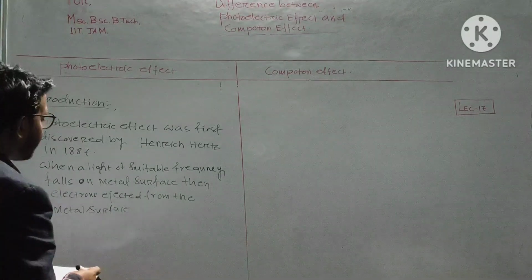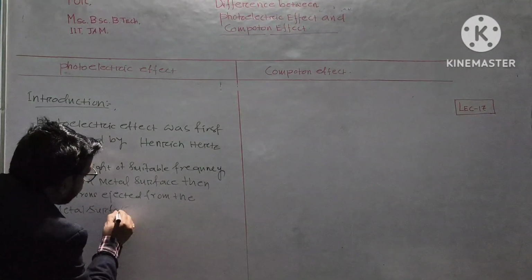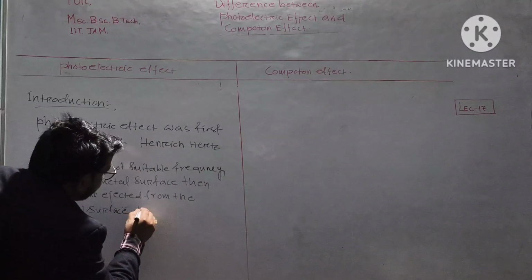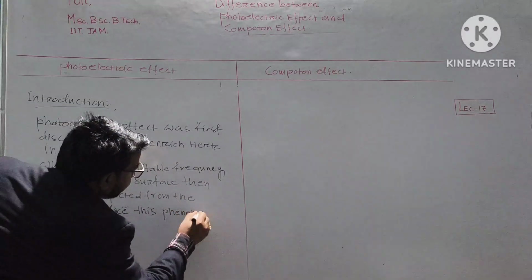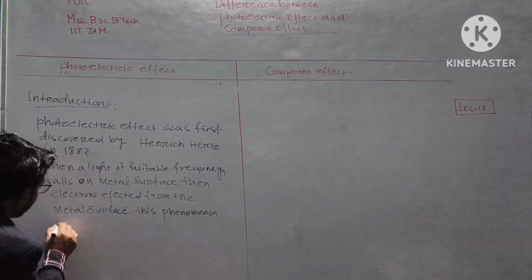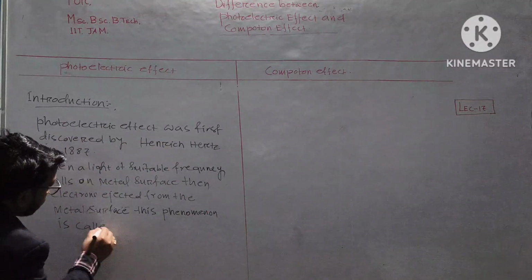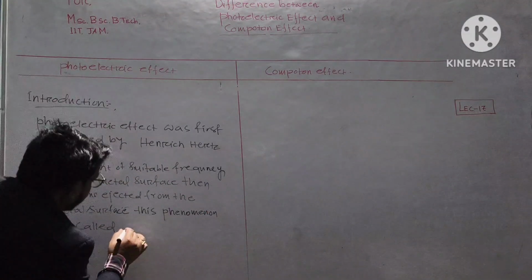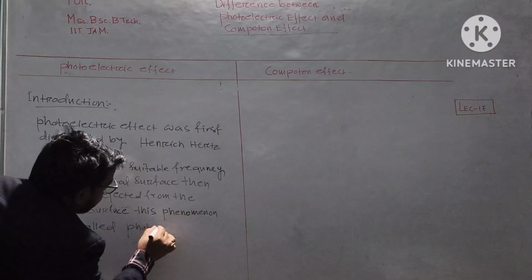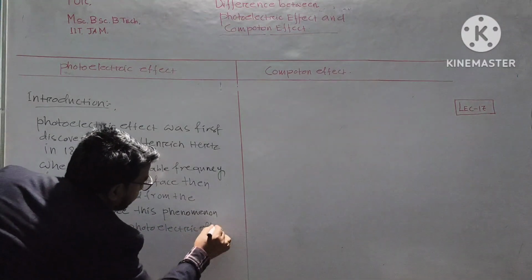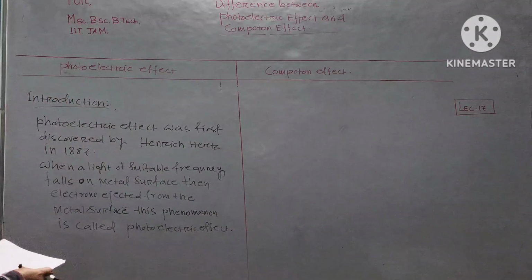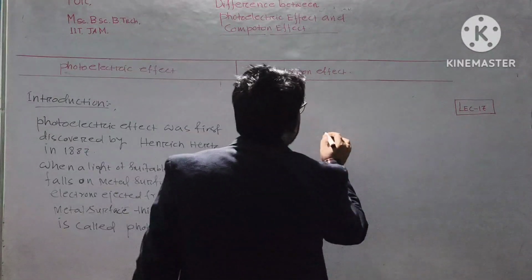This phenomenon is called the photoelectric effect. Suppose this is a metal surface.